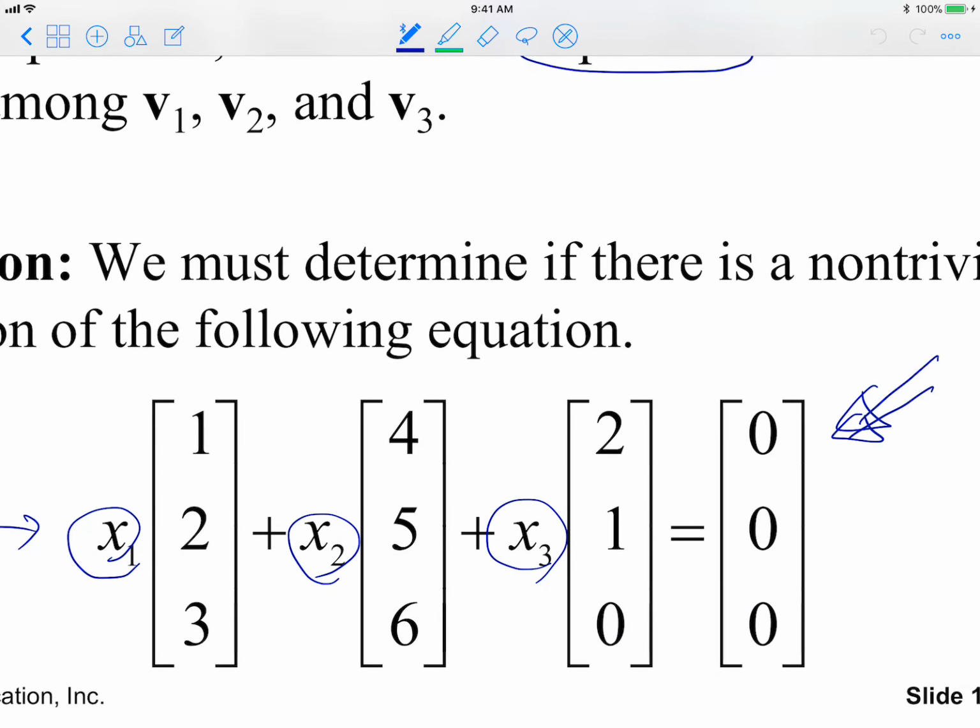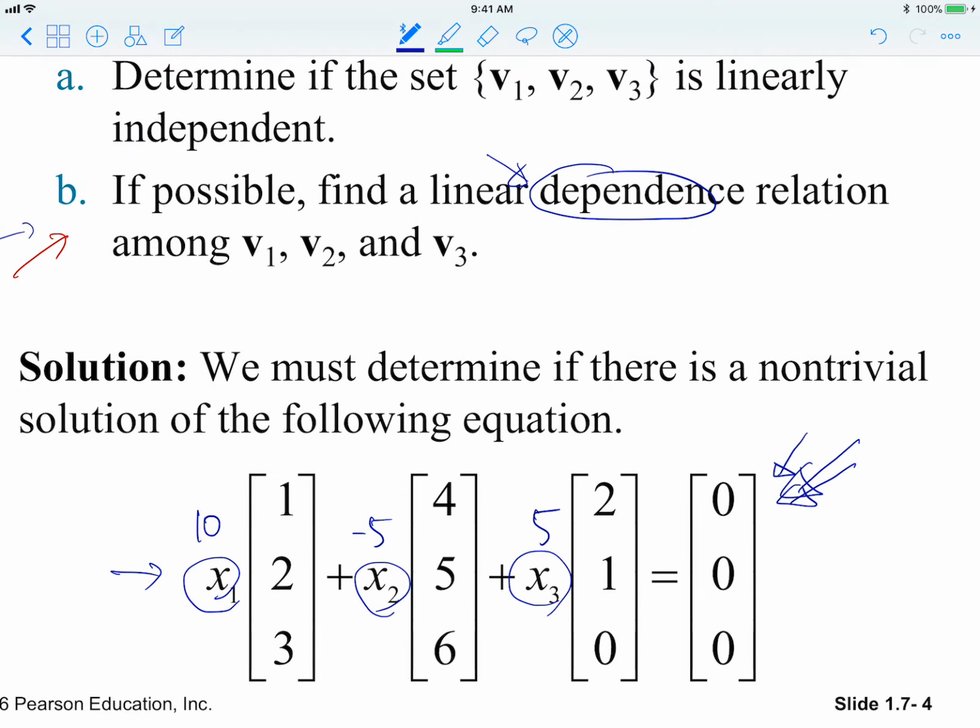We initially started from this vector equation by setting the right hand side as 0, right? And then x1 was 10 and x2 was -5 and then 5, I think, right?